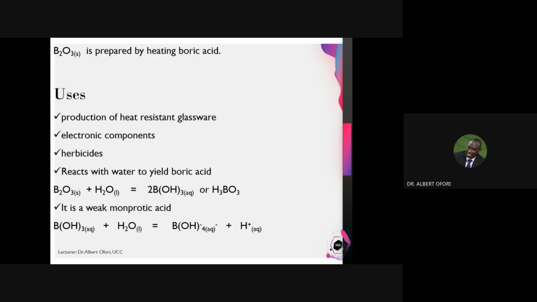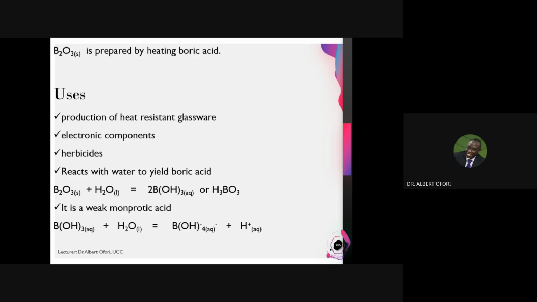In medicine, boron helps to prevent osteoporosis and helps in treating bones that are fragile in that way. We use boron in glass, which makes the glass so strong, which we call Pyrex glass. Those very strong glasses which we use in the lab for heating things are borosilicate glasses. In alloys, we also see boron.